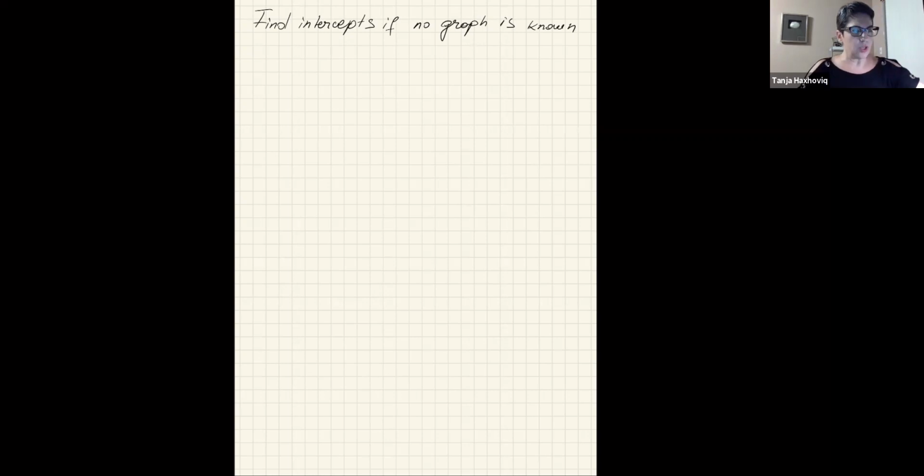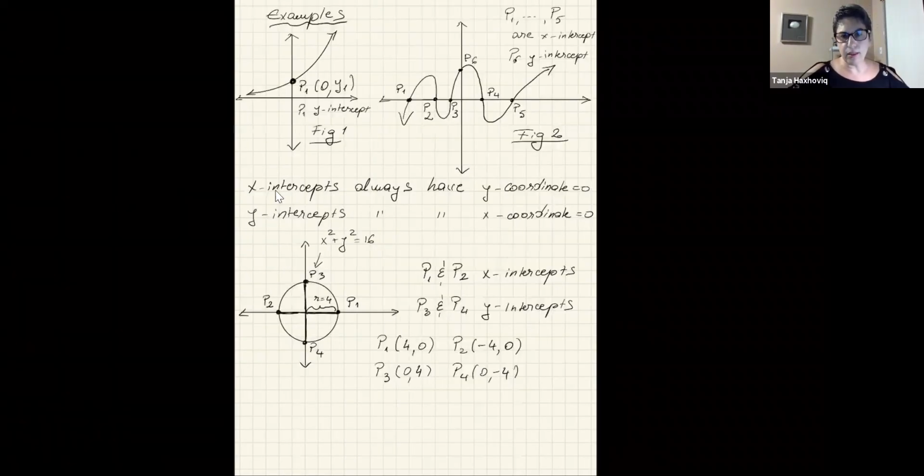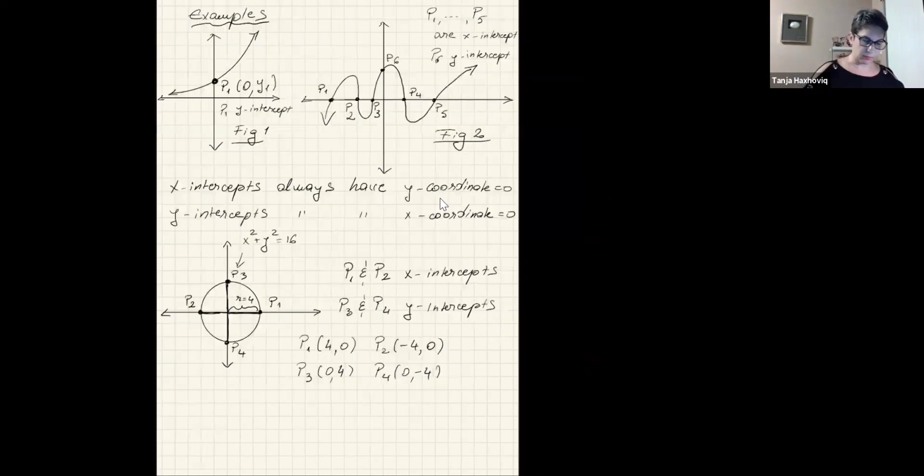Okay, so we did say before that x-intercepts always have the y-coordinate 0 and y-intercepts do have the x-coordinate 0. That's what we're cashing in on to actually find x and y-intercepts if we have the equation but not the graph.